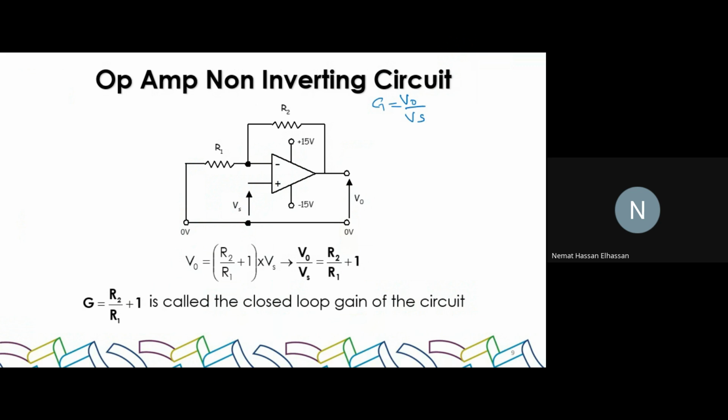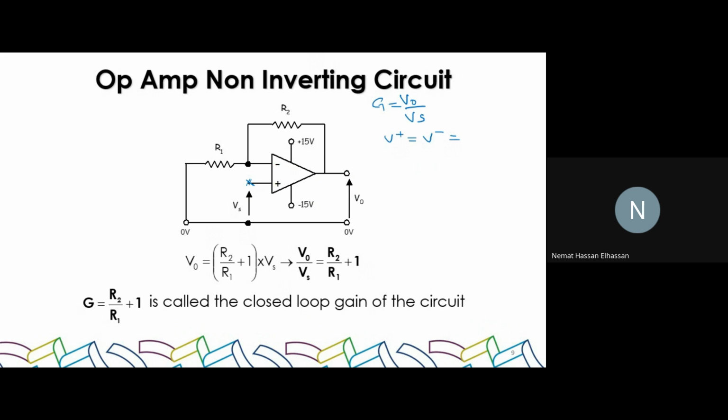So when we start with our ideal assumption, V positive is equal to V negative equal to what? 0. Are we sure it's a 0? What is the voltage at this point? Vs, right? Which means that we are forcing, it depends on which value you are forcing. If you connect it to 0, it's a 0. If you connect it to something else, it will take whatever value you connect it to.